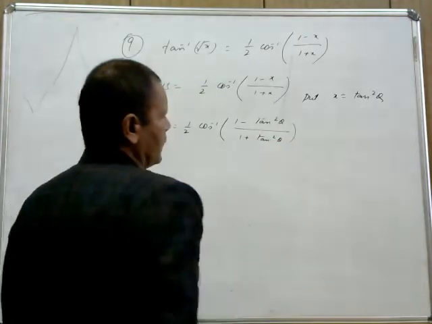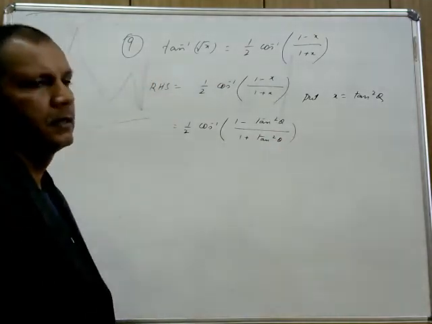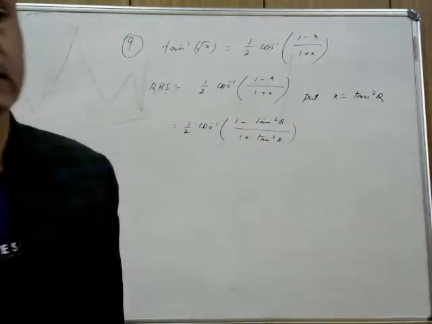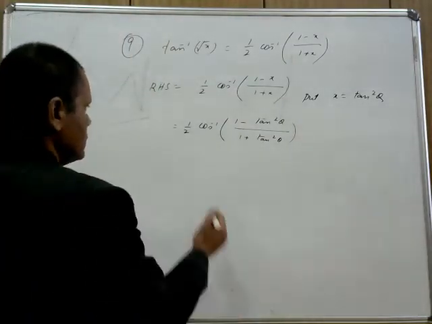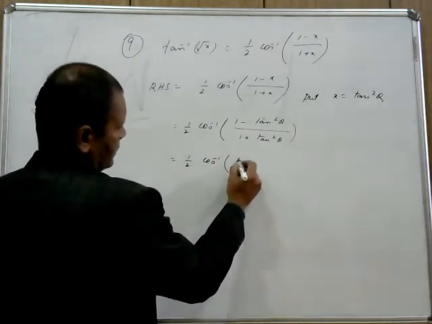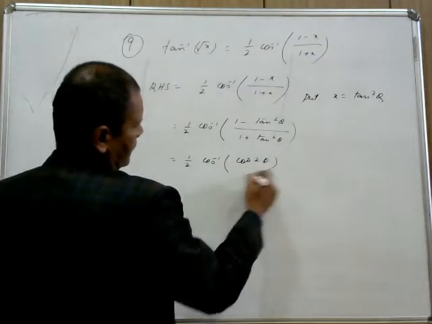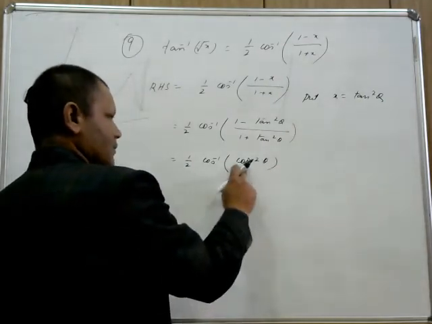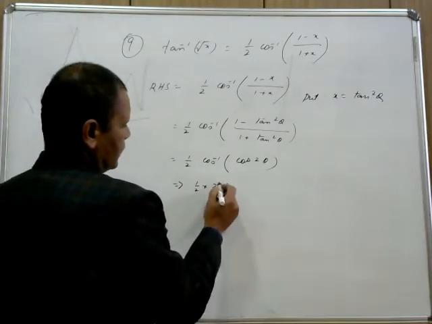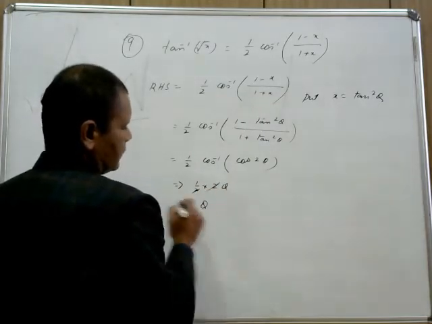Yes or no? And 1 minus tan square theta upon 1 plus tan square theta is equal to what? Cos 2 theta. So half cos inverse cos 2 theta. Now cos inverse cos 2 theta is equal to 2 theta, half into 2 theta, 2 and 2 cancel. What did I get? Theta.